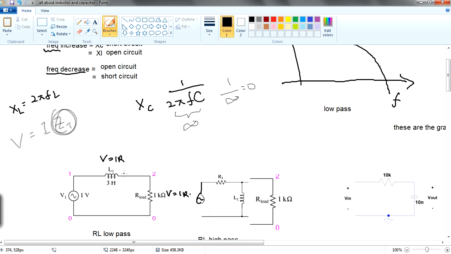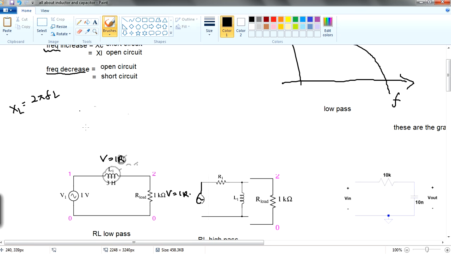Because if you were to use the voltage divider rule, it is R divided by ZT times I, and you get the voltage of your R at this portion. ZT is actually this inductor over here.